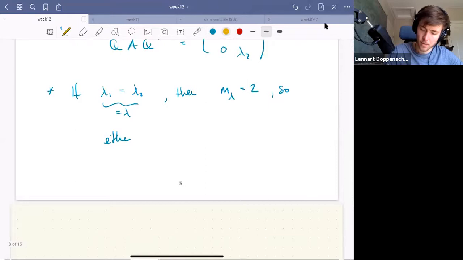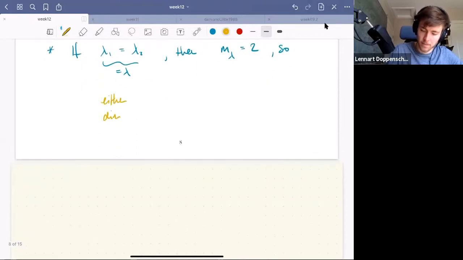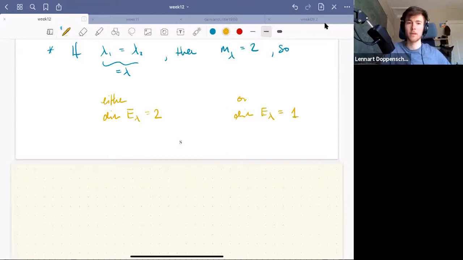Either the dimension of E lambda is 2, or the dimension of E lambda is equal to 1. This can still both happen.